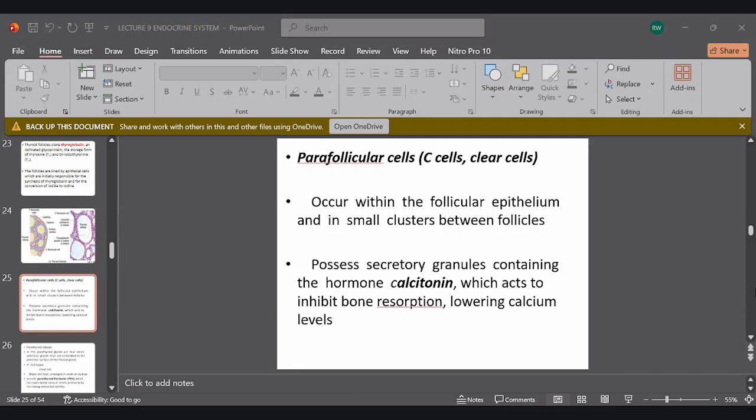Blood clotting. Yes, continue. Bone development. Bone and teeth development. Teeth formation.